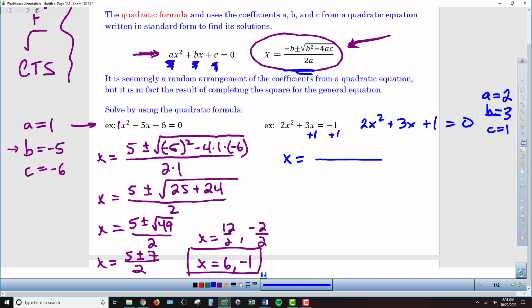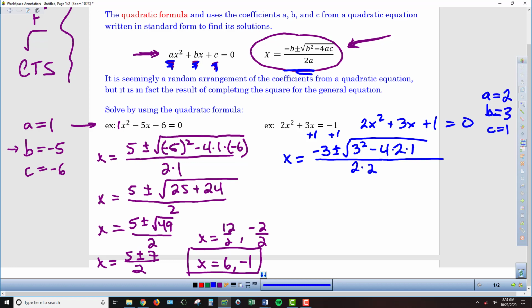If b is 3, then negative b is going to be negative 3, plus or minus the square root of b squared, so that's going to be 3 squared, minus 4 times a, which in this case is 2, times c, which is 1, and then that's all over 2 times a, so 2 times 2.